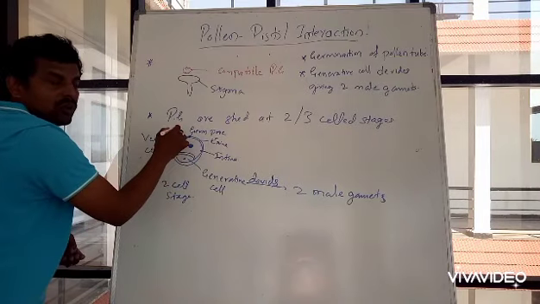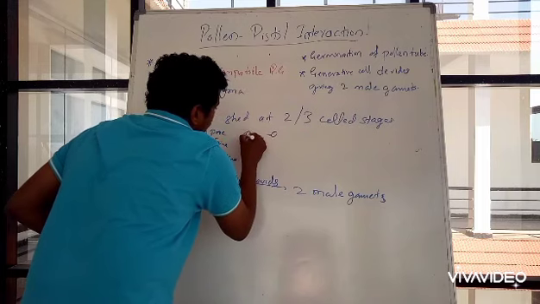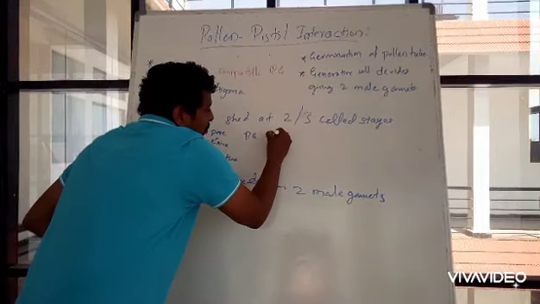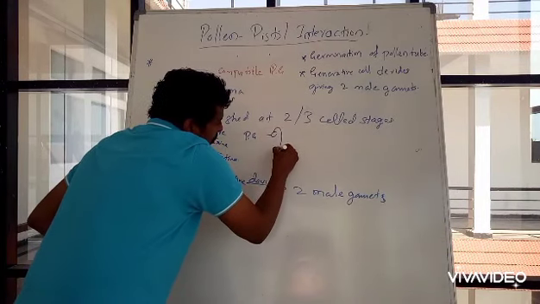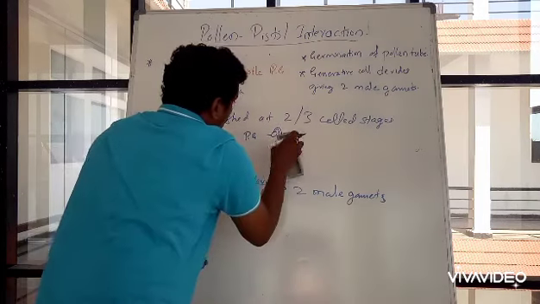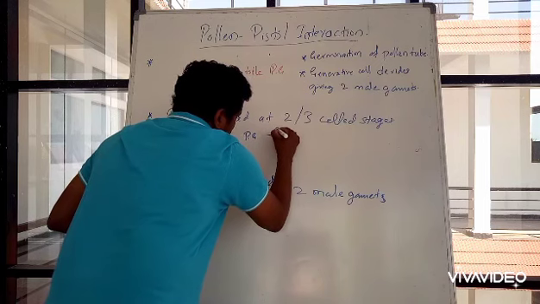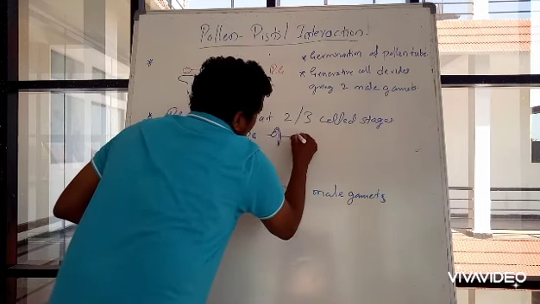Here is the germ pore. PG means pollen grain. Through the germ pore, the pollen tube will be germinated like this. So this is the pollen tube.